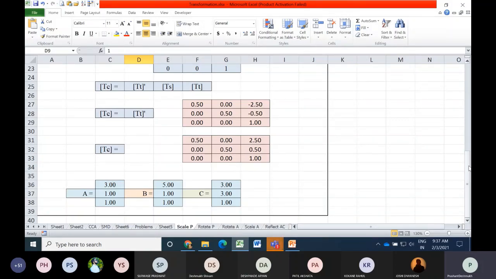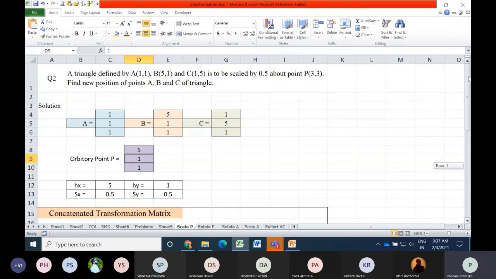Now, what more we can change in this problem is, let it be 3 3. Now instead of this 0.5, you can change this as 0.75. We have applied two different scaling factors.